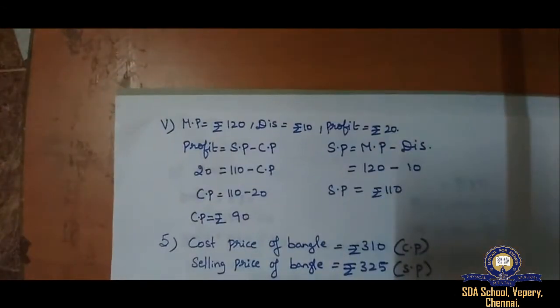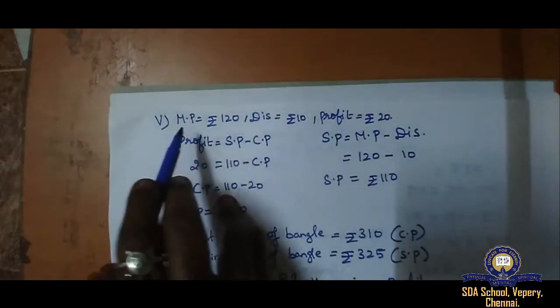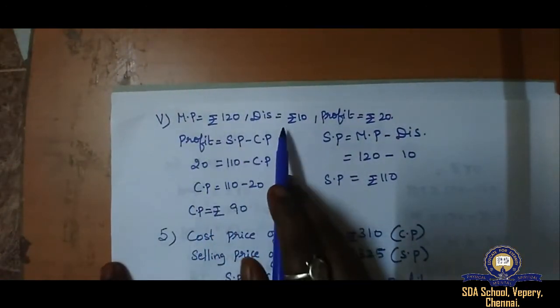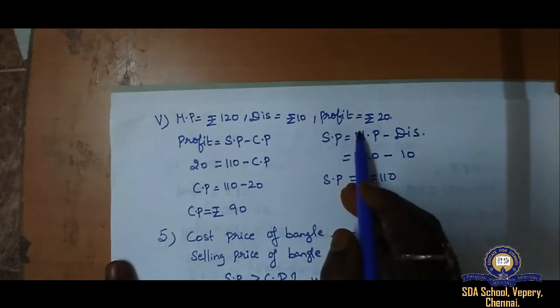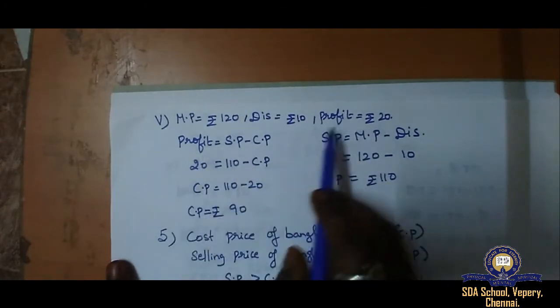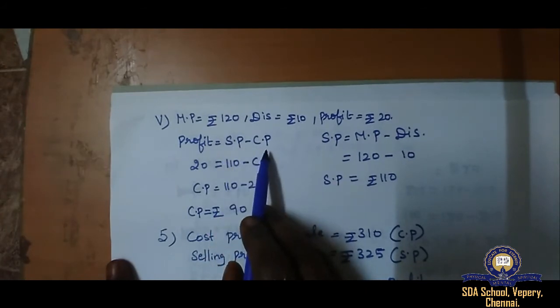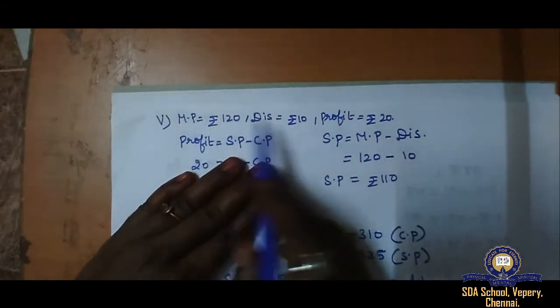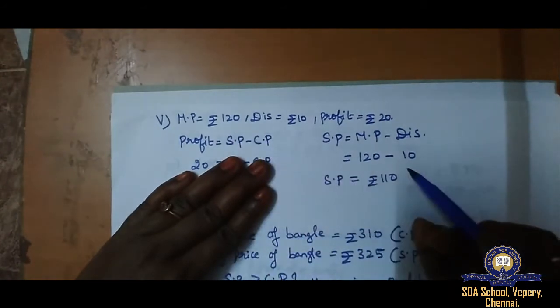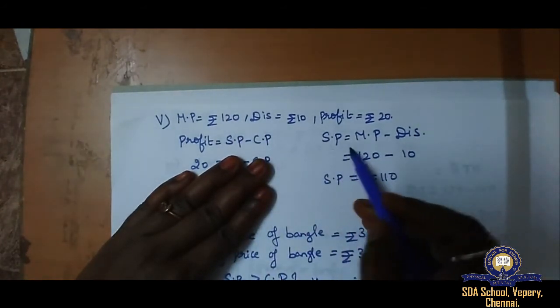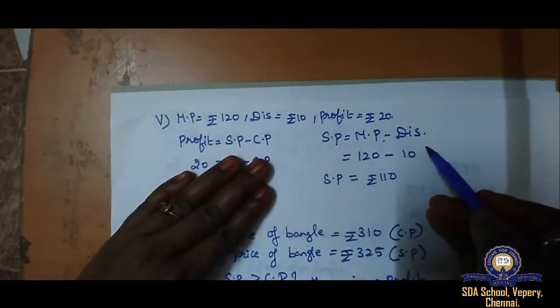Fifth question, in the same Roman letter, marked price is rupees 120, discount is rupees 10, profit is rupees 20. So profit means we can directly go with the profit formula, SP minus CP, but we don't know SP. Here they didn't give SP. So first of all we have to find out this SP. SP is equal to marked price minus discount.